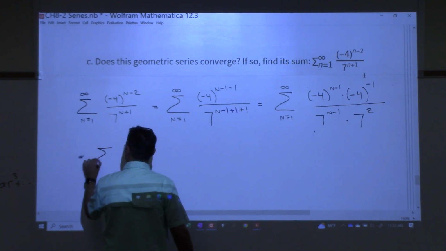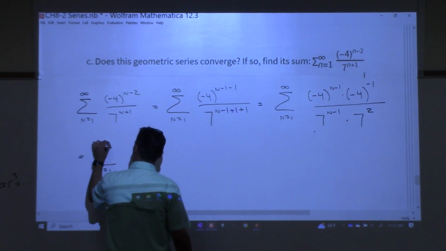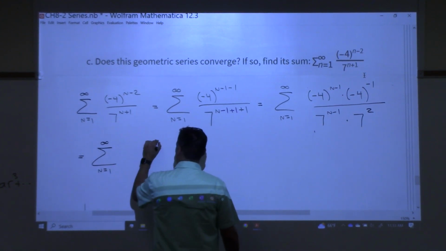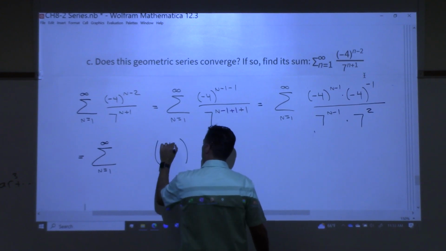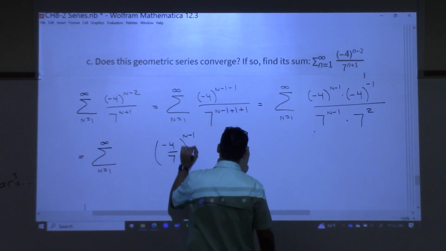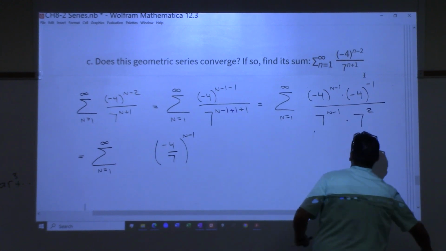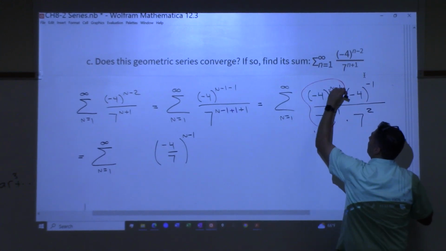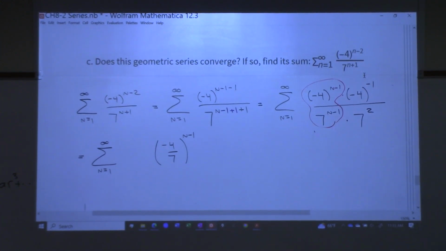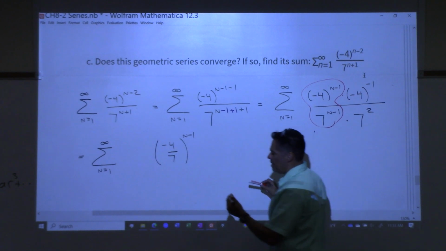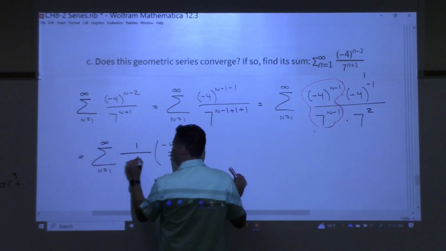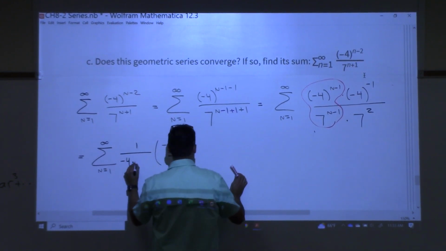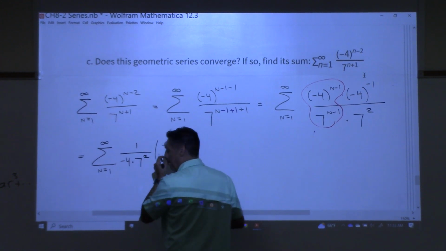I've got sum n equals 1 to infinity. Let me do this first. I'm going to go negative 4 over 7 to the n minus 1. That is this, right? That's that. And then this comes downstairs as a negative 4, joins the 7 squared that's down there.